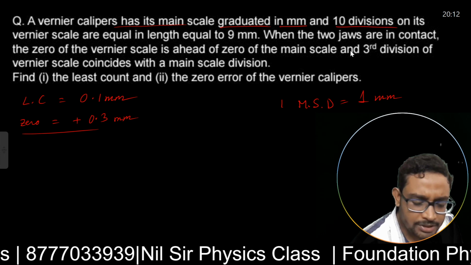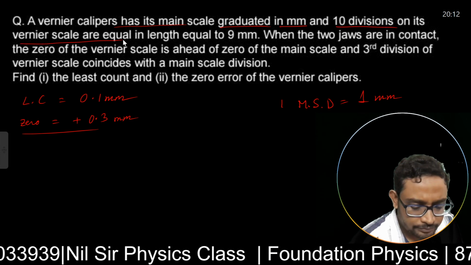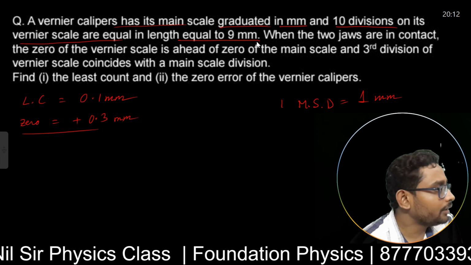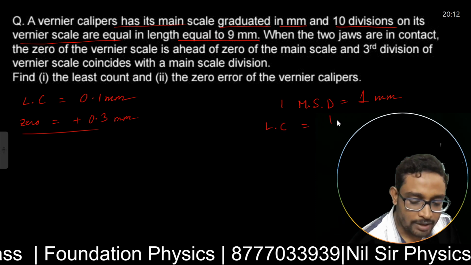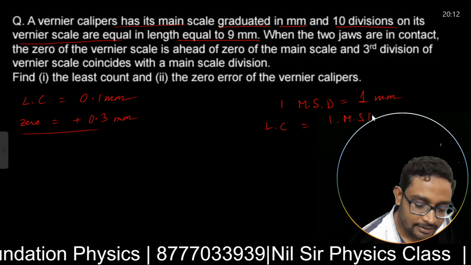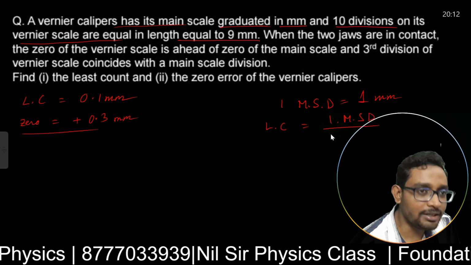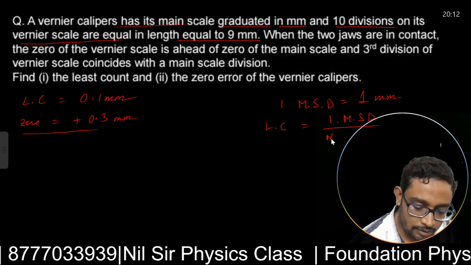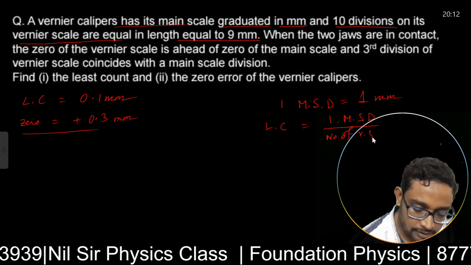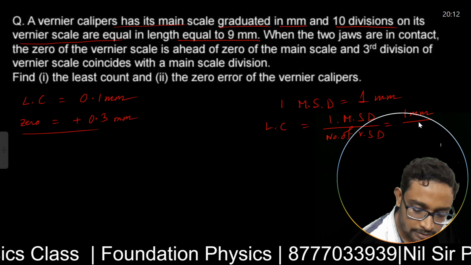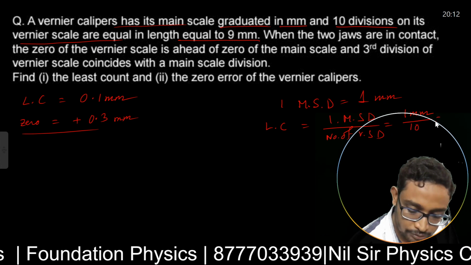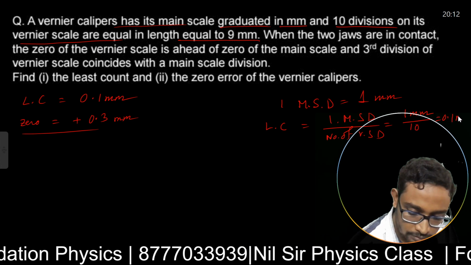There are 10 divisions in vernier scale, 9 equals 9 in main scale. So what is least count? 1 main scale division divided by number of vernier scale divisions, 1 millimeter divided by 10 equals 0.1.